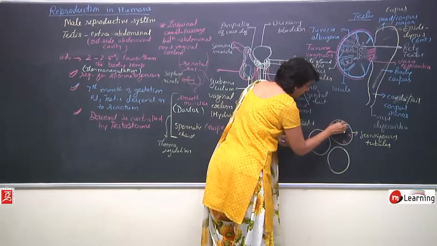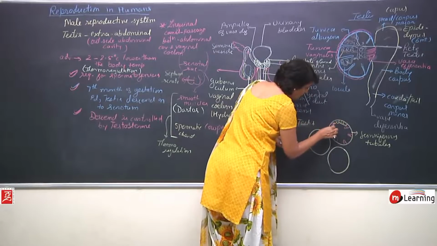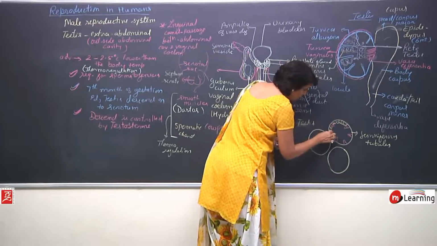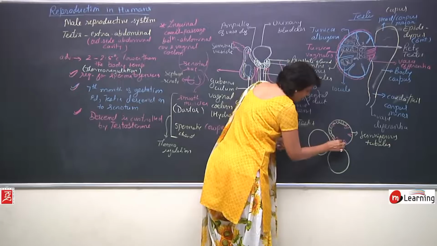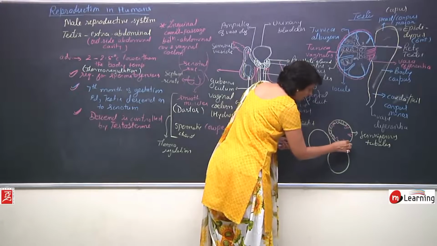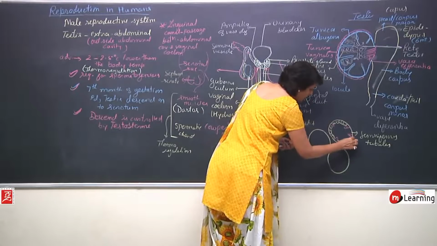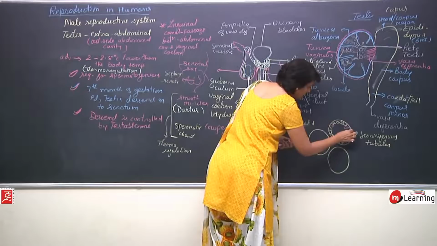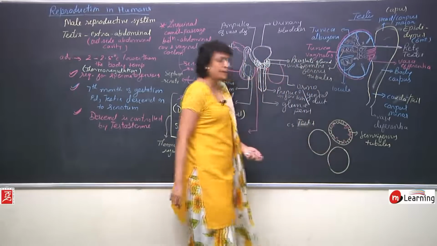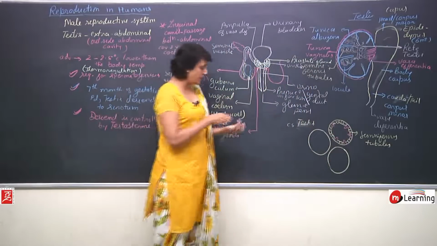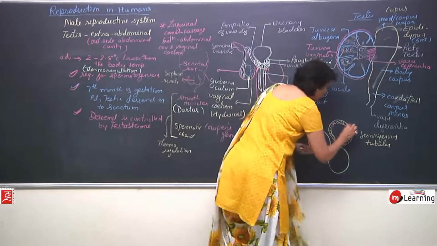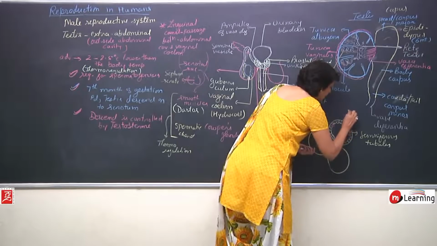These cuboidal cells undergo meiosis to produce the sperms. That means these are the cells which will help in spermatogenesis. And these long pyramid shaped cells are known as Sertoli cells.